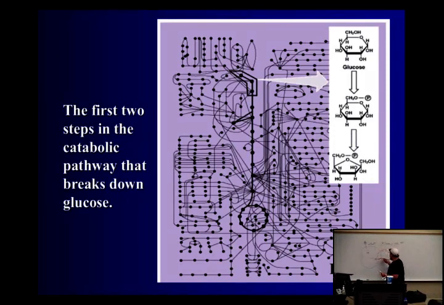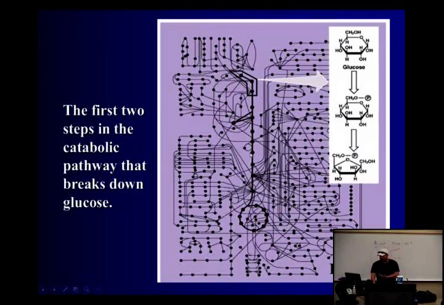And that is the first step from this glucose. Hexokinase adds a phosphate to it. And so now you have all of those dots involved in that reaction. And that's where it starts. Which is what's on the screen.